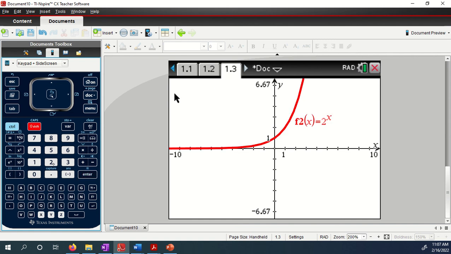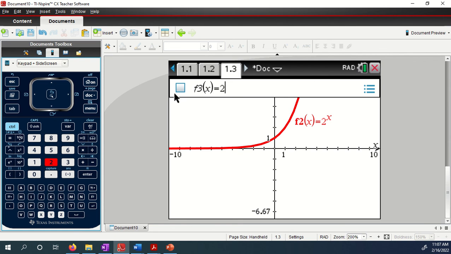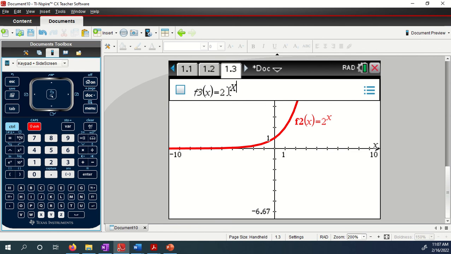Then we enter in our function: 2 caret, negative x. We have to press tab first. Get out of here with the caps lock. We can put parentheses around this if we'd like.